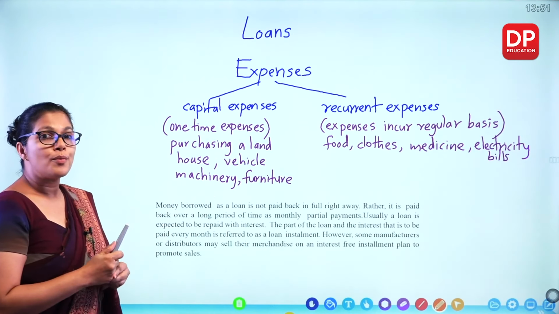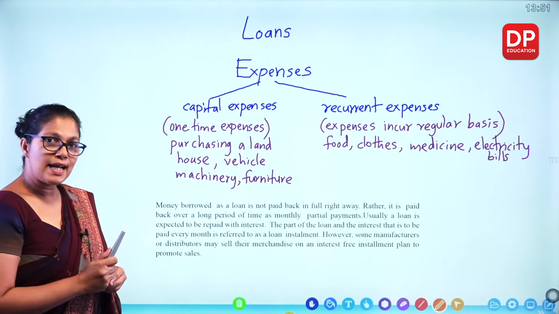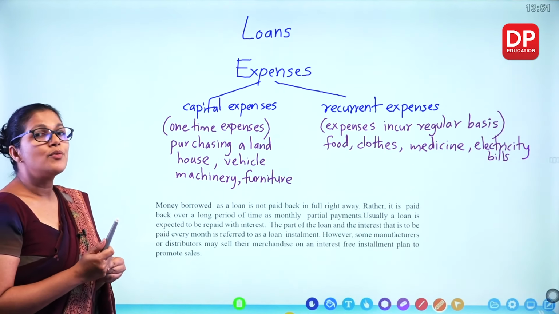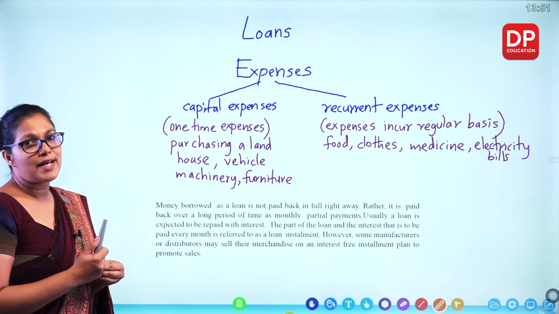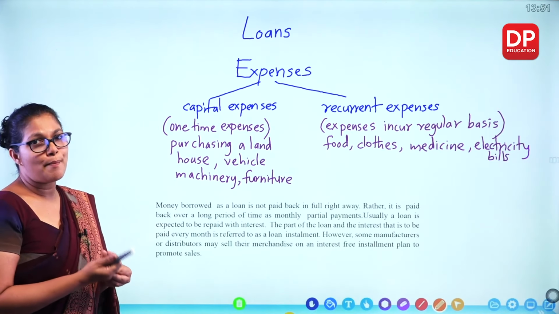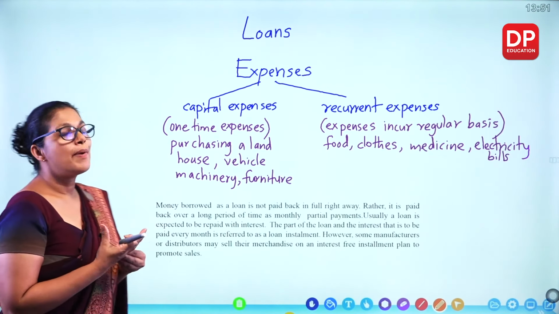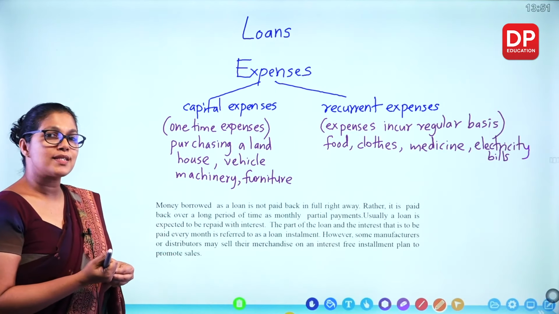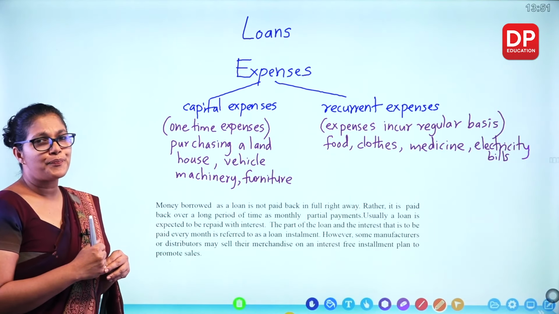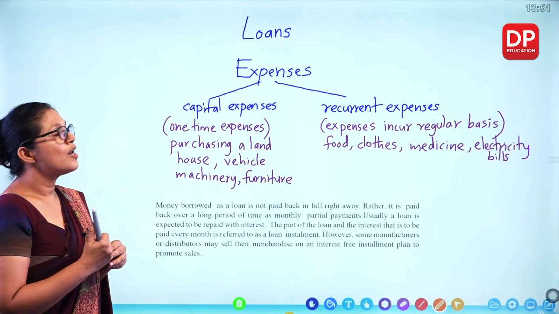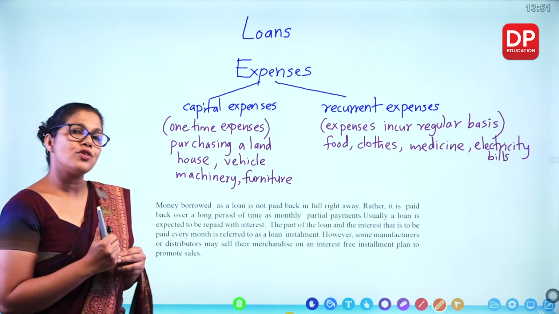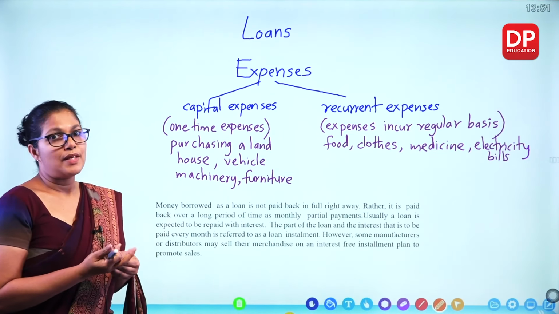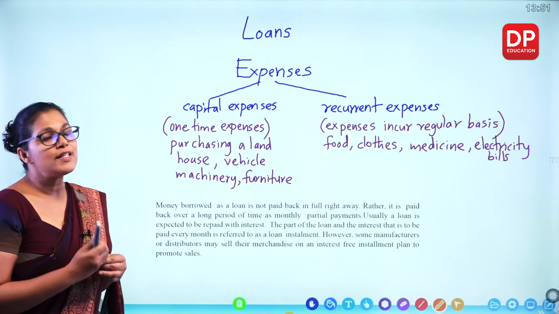So when you need to spend money for capital expenses, you sometimes need to borrow money because it's a huge amount. You can't pay that amount at once. So then what do we do? We have to take loans. Is it good to take a loan? If you can survive without a loan, it's good.